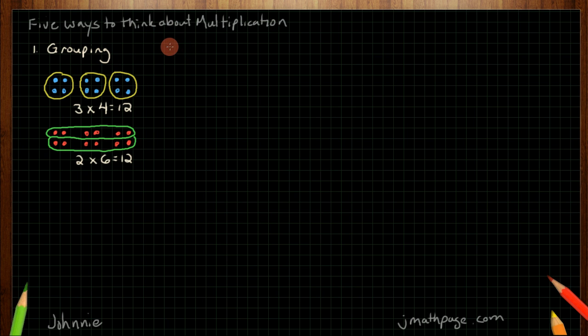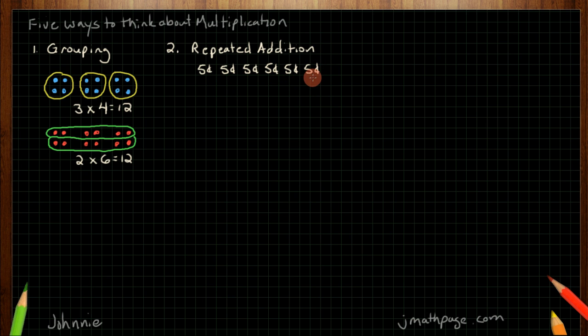So here's the second way of thinking about multiplication. And this way of thinking about multiplication is through repeated addition. This one may be the one that's most familiar to you. And it is exactly what it says. This is adding something again and again and again. So say you have a pocket full of nickels, all right? 5 cents, 5 cents, 5 cents, 5 cents, 5 cents, 5 cents.